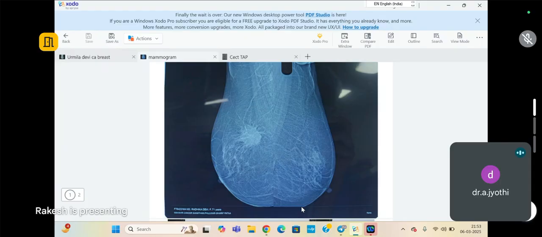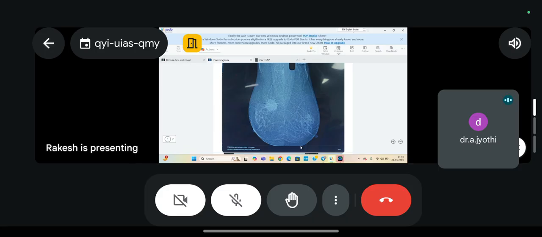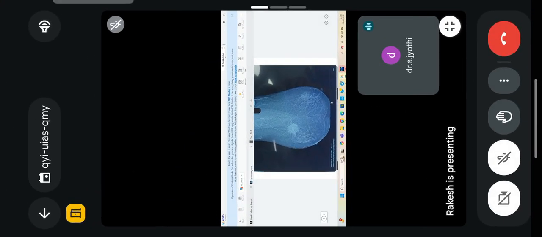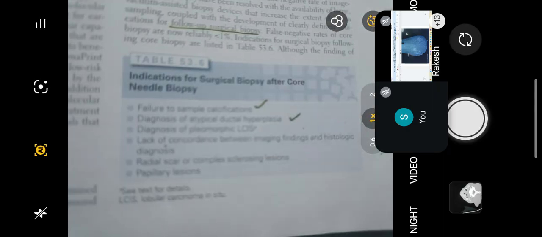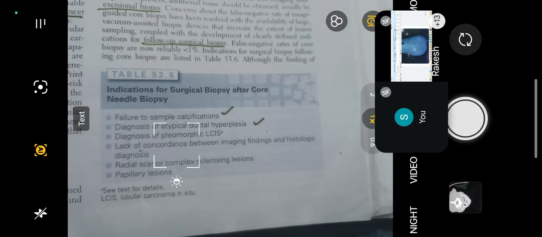SUV uptake. When is it significant? More than 2.5. Yeah. More than 2.5. But sometimes the inflammatory lesions also can cause increase in SUV. It has to be correlated clinically.